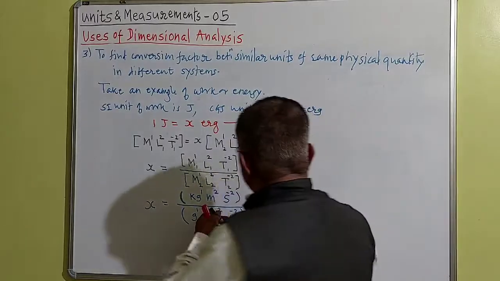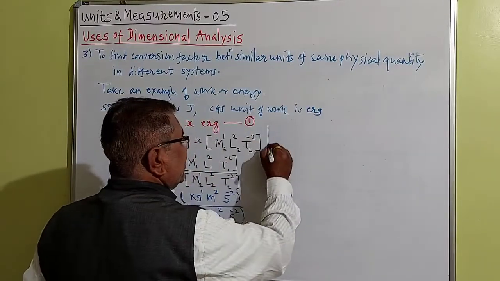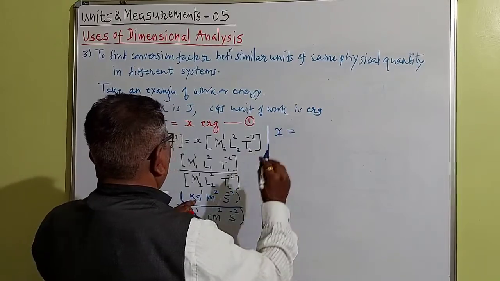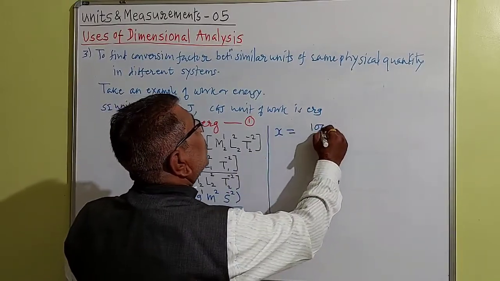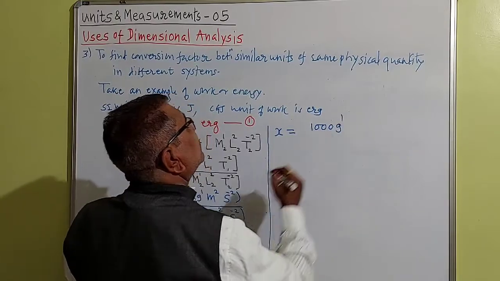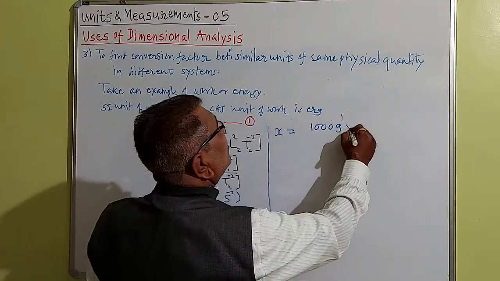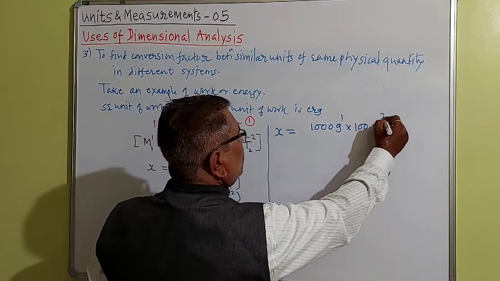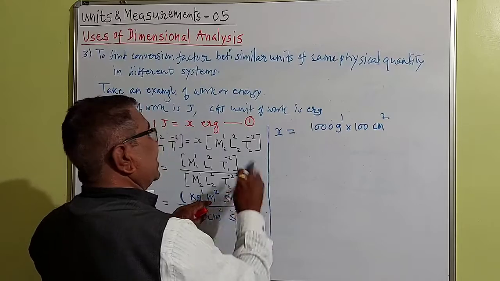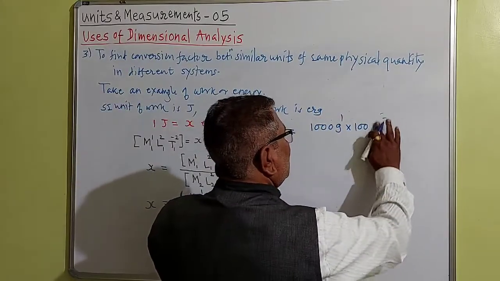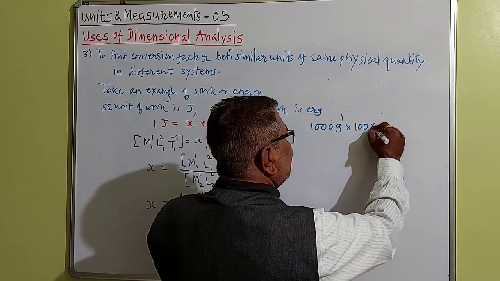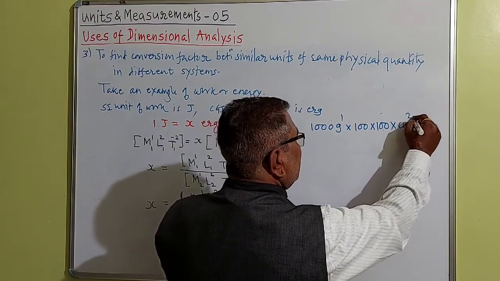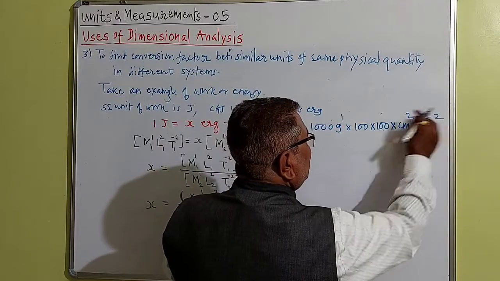So we can write like this: X is equal to 1 kilogram is equal to 1000 gram to the power 1, meter is 100 centimeter to the power 2. Since meter is squared, centimeter comes in 2 times, so I will write 100 two times into centimeter squared into S minus 2.